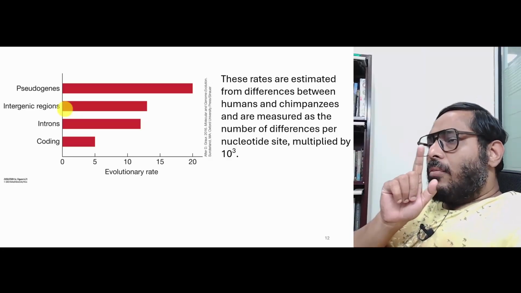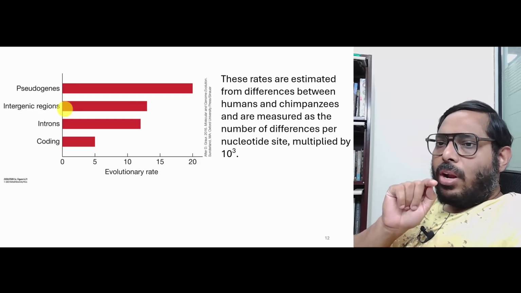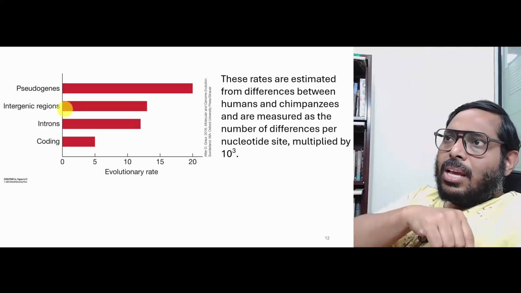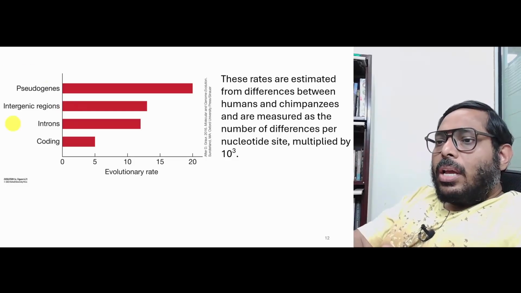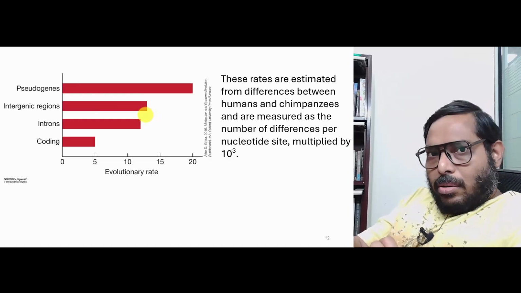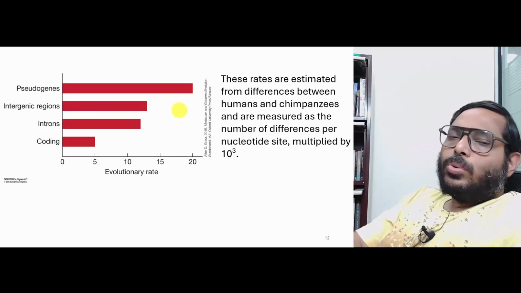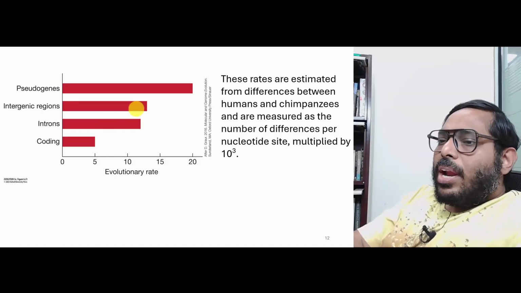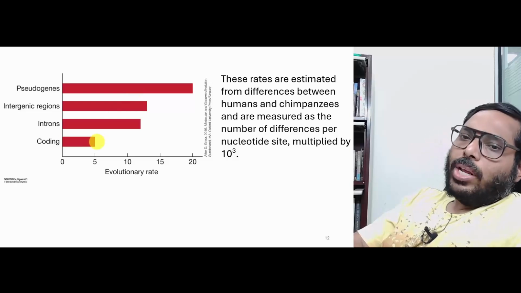Now, obviously, if there are changes happening at the intron level, or in the intergenic regions, then they should be selectively neutral. In other words, the rate at which mutations are accumulating in them should be equal to that of the pseudogenes. But you are not really finding that. You are finding that these two things are actually intermediate between the pseudogenes and the coding genes.